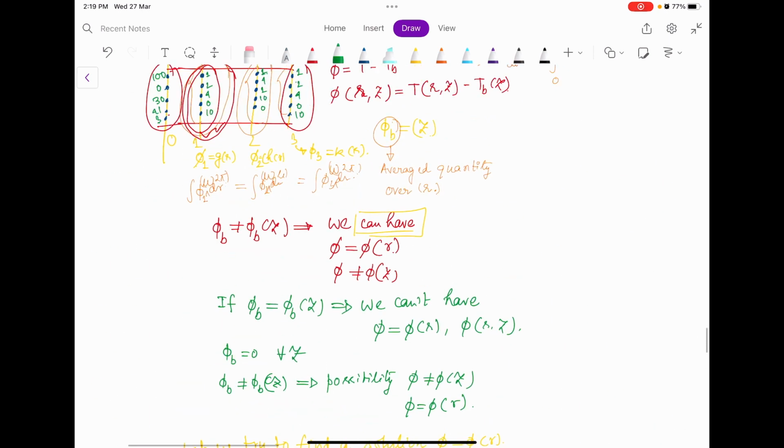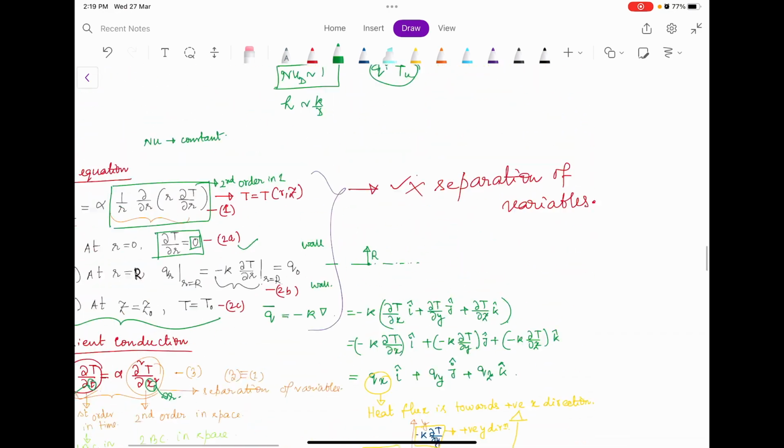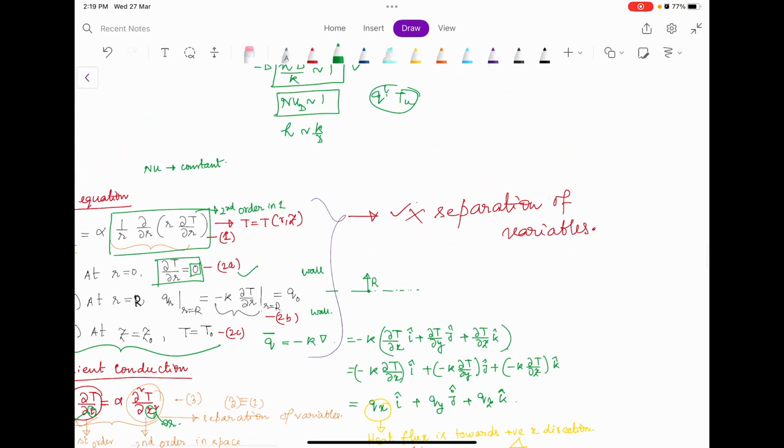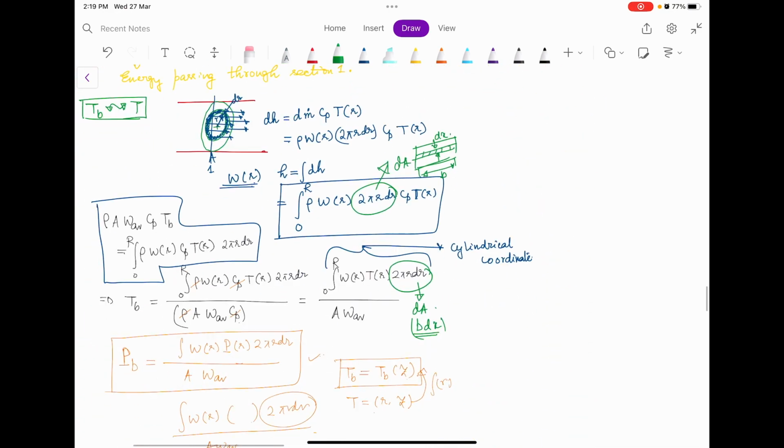I think I have written it correctly. Let me check once. Yes.